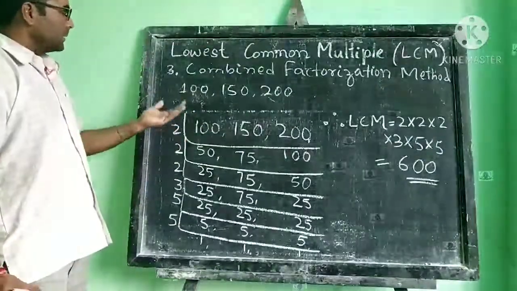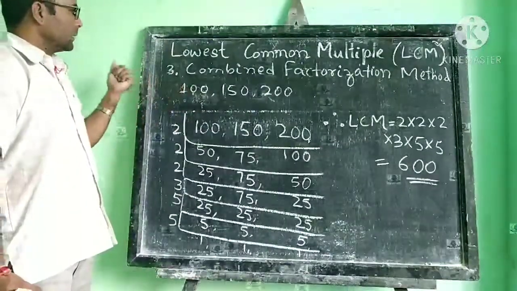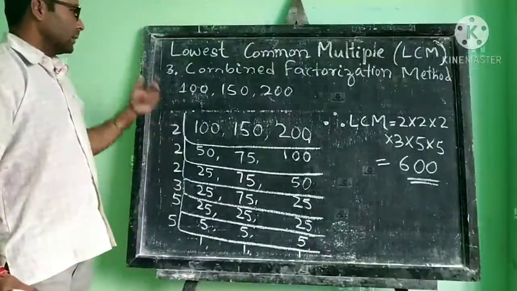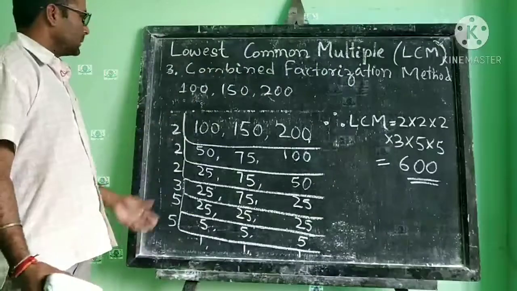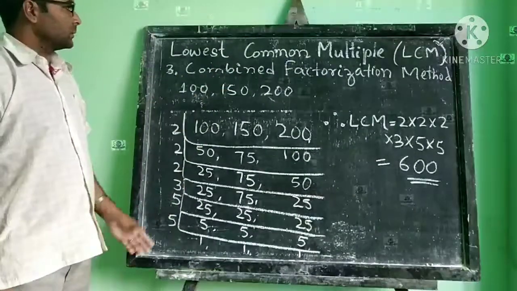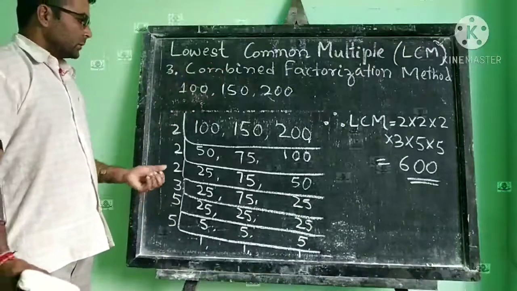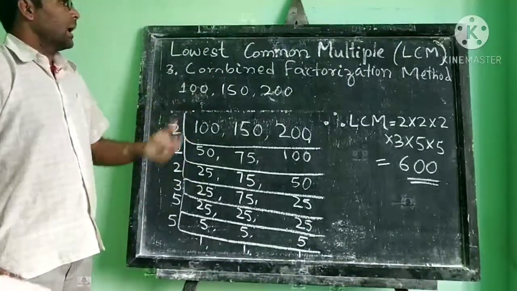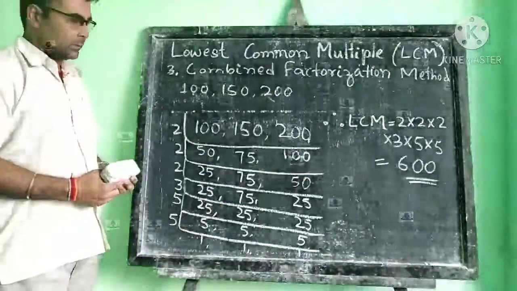So we have learned number 1, the multiples method, number 2, the prime factorization method, and number 3, the combined factorization method to find LCM. I hope you have understood how to find LCM using different methods.